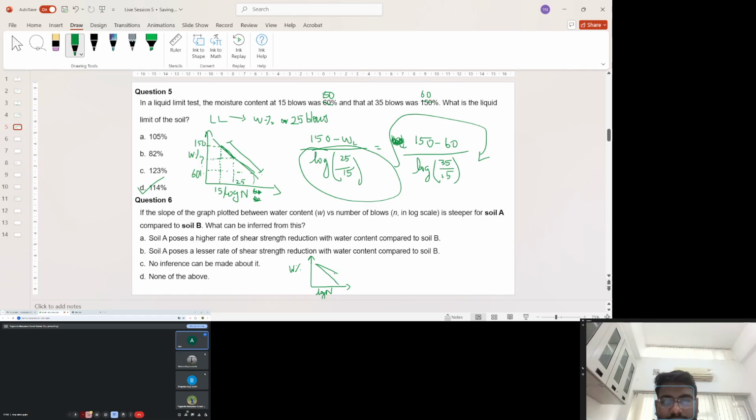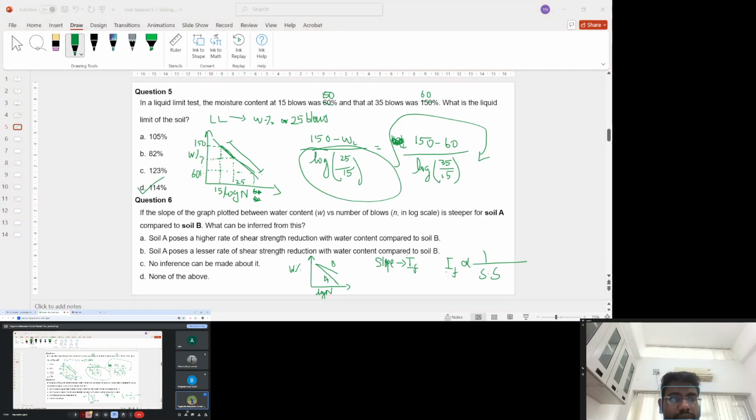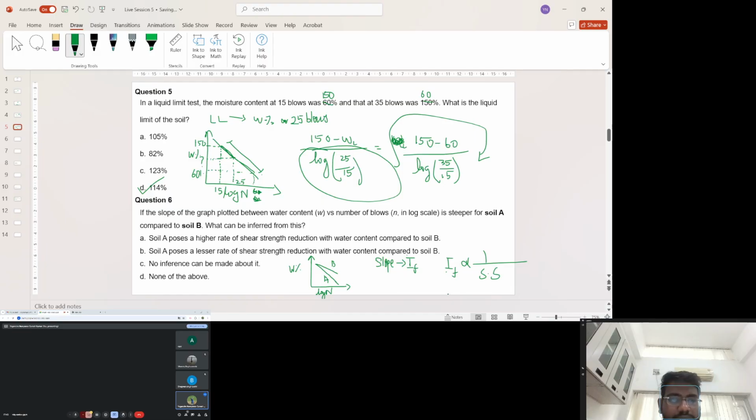So now, this is A and this is B. As I discussed before, the slope gives the flow index, and the flow index is inversely proportional to shear strength, right? Is it clear?